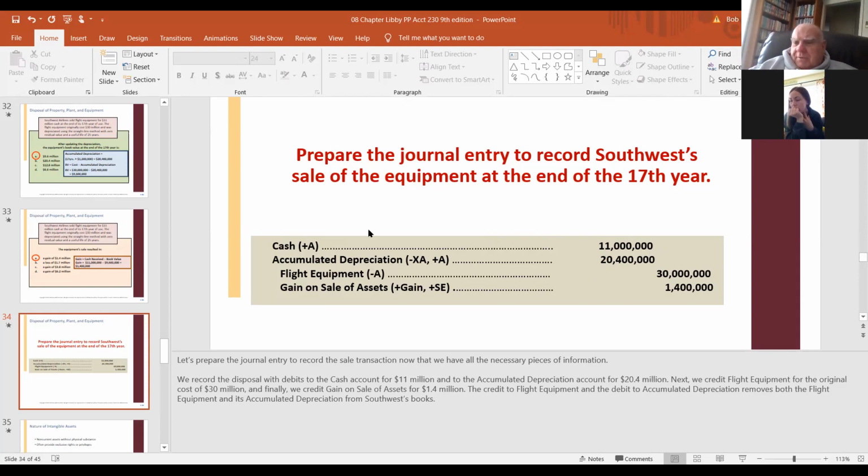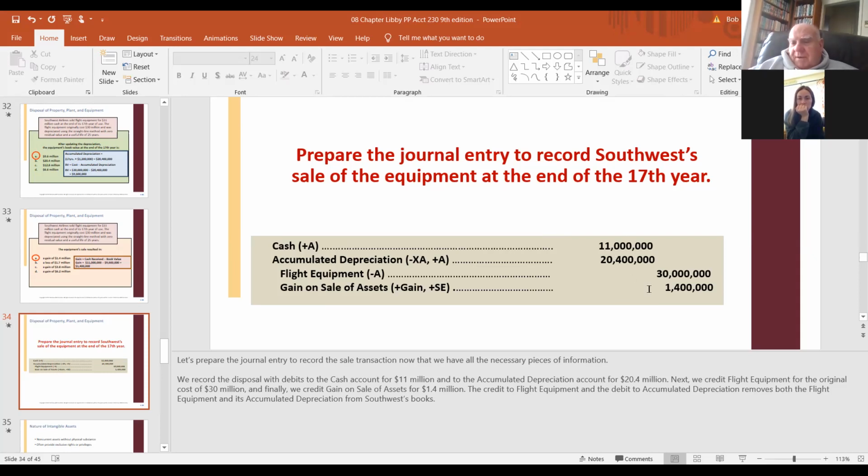Turn this into a template. Cash, you know you're going to debit cash, and you know you're going to debit accumulated depreciation, and you know you're going to credit the original cost of the asset. So in this case, that resulted in a profit. To balance the journal entry here, this added up to 31.4.